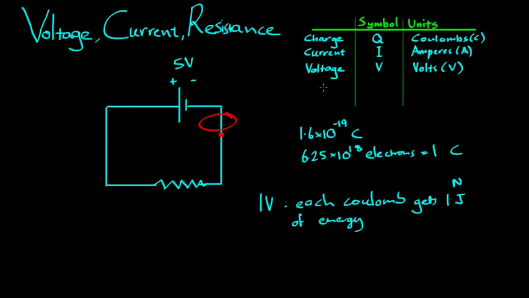Now we'll introduce this idea of resistance. So we have voltage, which gives the energy to the charges, the current, which measures how many charges pass a certain point per unit time, and now we're going to talk about resistance here.